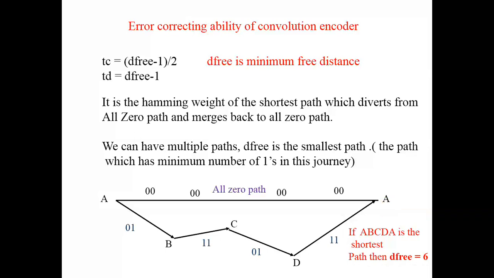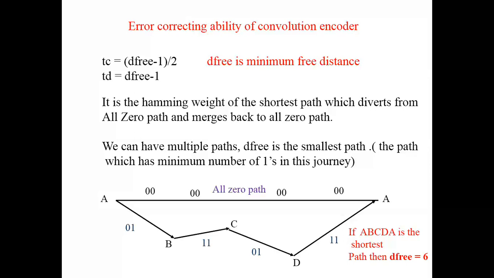Now obviously the question is, if you have a bigger convolutional encoder or even a simple convolutional encoder, how many such paths do we need to verify? So we will see the concept of the transfer function to calculate D free, but later on I am going to give you a trick.